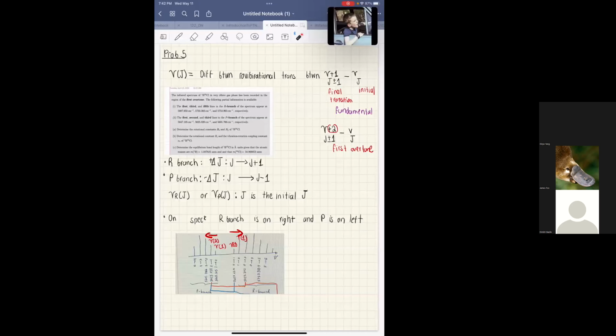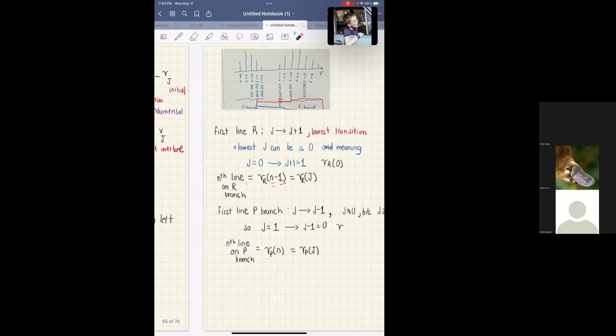First, for an infrared spectrum, you usually observe the spectrum of a fundamental.